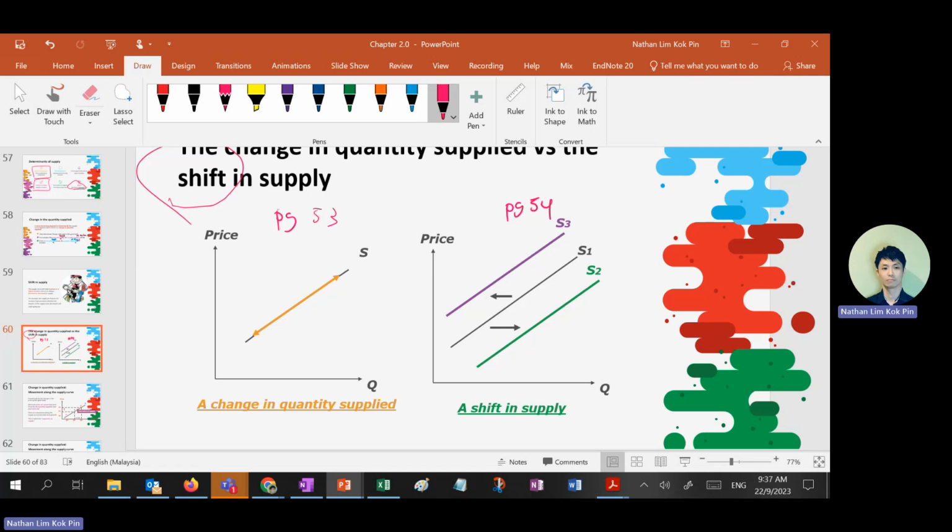We use shift in supply, it's better. See, it's very easy.